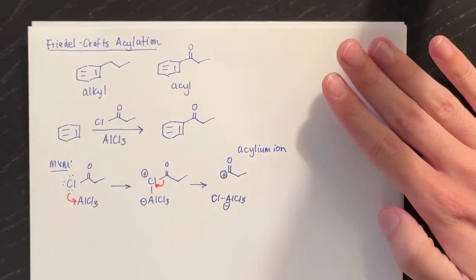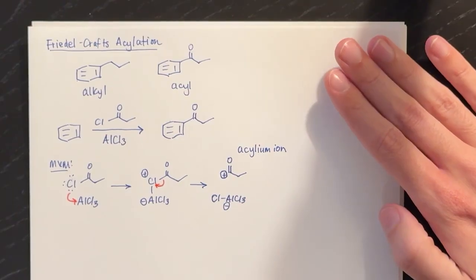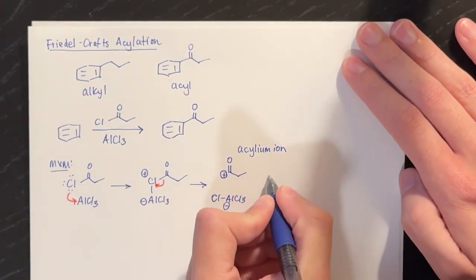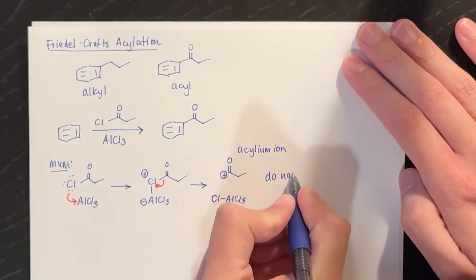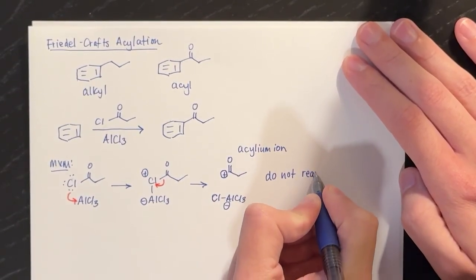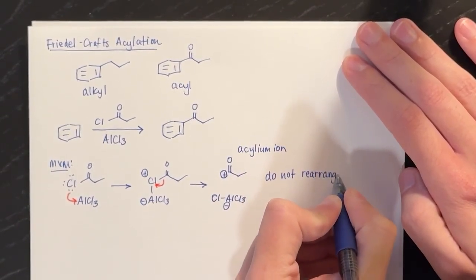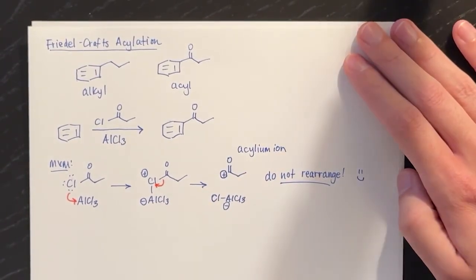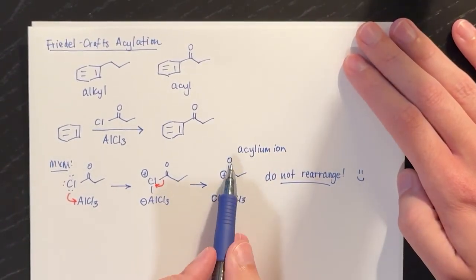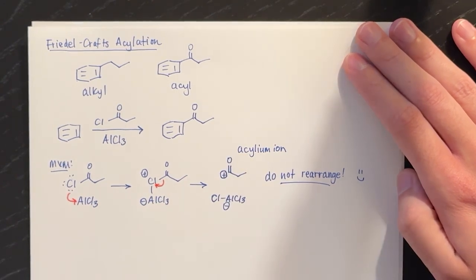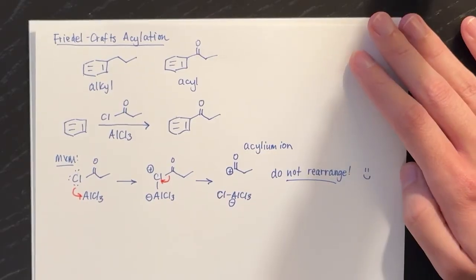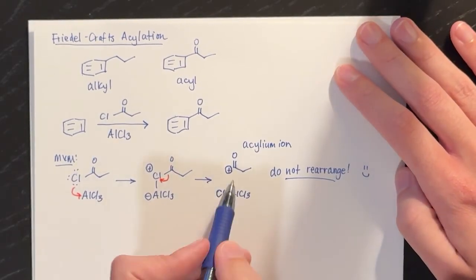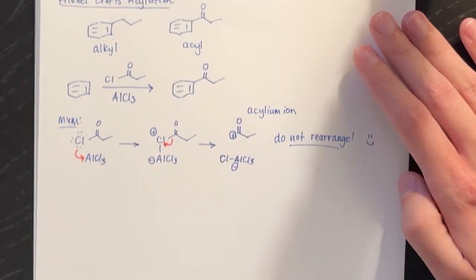Acyl, acylium. And the power of the acylium ion is that they do not rearrange. Yay. Because the resonance stabilization with that oxygen atom makes these quite a bit more stable ions than just the regular carbocations.